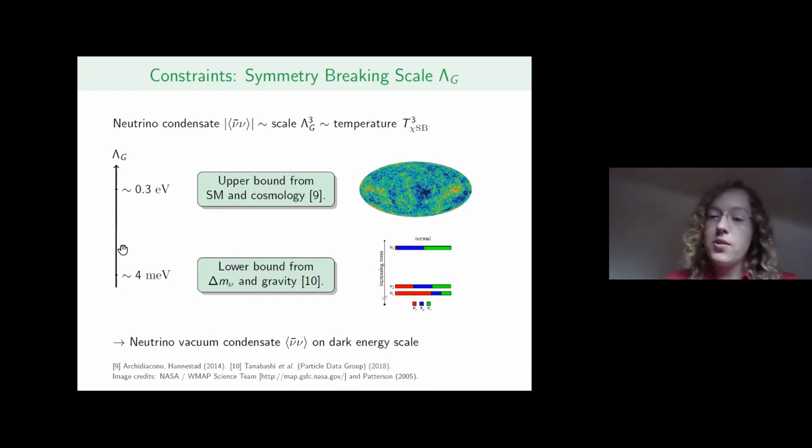We can't really solve the cosmological constant problem, because we can't explain why the quark condensate, for example, should not contribute to dark energy, or the Higgs condensate should not contribute. So the only thing we can say here is that we have a condensate which is numerically coincident with what we observe. And this is the only condensate which is inherently connected to the gravitational topological sector and the vacuum structure in gravity. So there might be a connection.